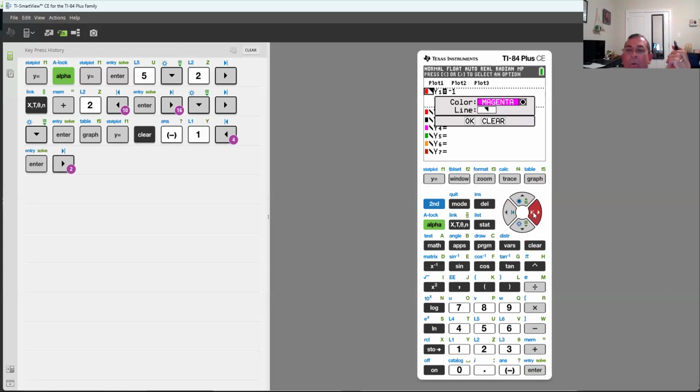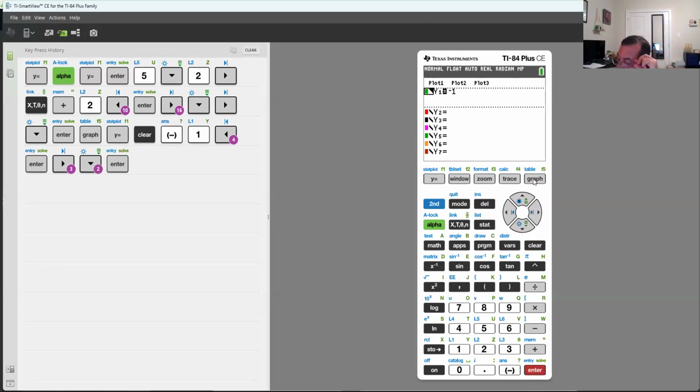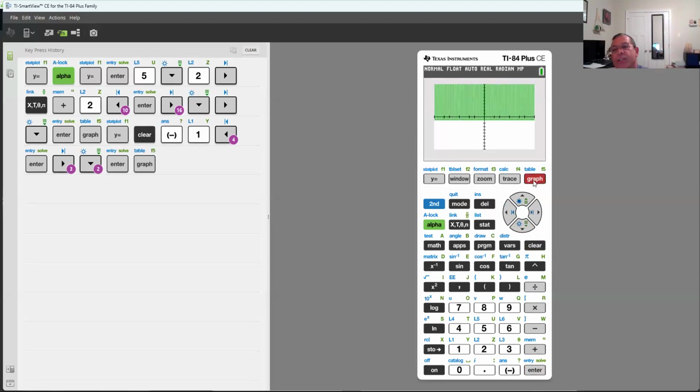So this time I won't say a green line or green shaded. I'm gonna arrow down. Well, y'all, mine's already on greater than, so I'm gonna arrow down to OK and hit enter. So now remember our graph shaded above. When we hit graph, it is shading above.